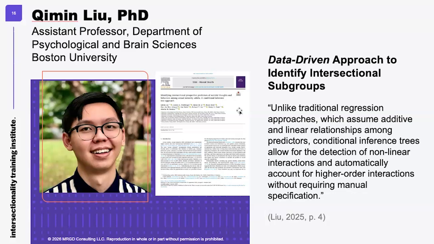And so Liu has this really nice sentence where they talk about, unlike traditional regression approaches, which assume these additive and linear relationships among predictors, conditional inference trees allow for the detection of these nonlinear interactions. And they automatically account for the higher order interactions without requiring these manual specifications.